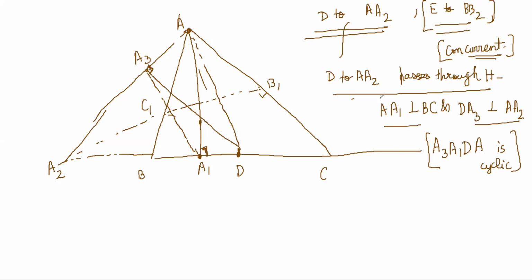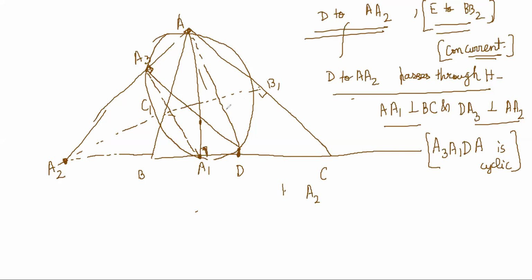But what we want to use is power of a point. So let's see what we can say about the point A2. There is a circle passing through these four points, somehow like this, right? So you can say that the power of A2 will be equal to A2C1 into A2B1, right?